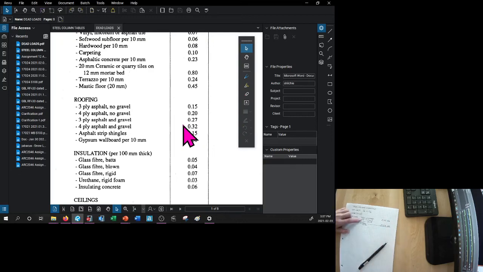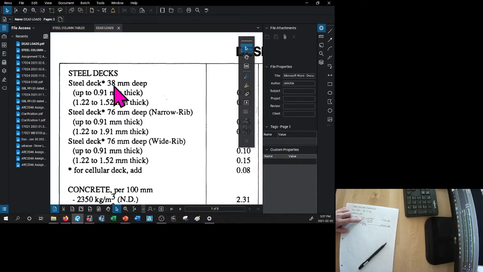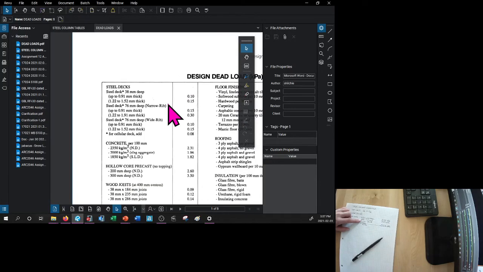The next thing was 38 millimeter deck. Well, steel decks, 38 millimeters deep, up to this thickness, is 0.1 kPa.